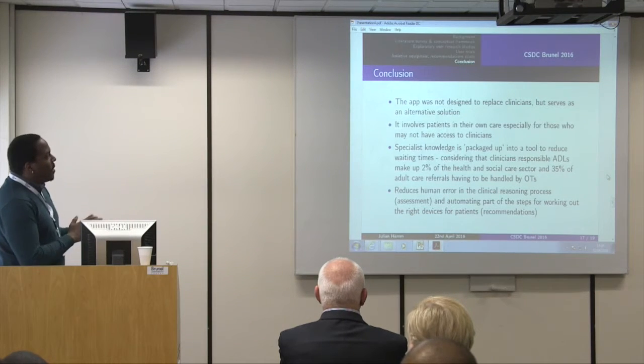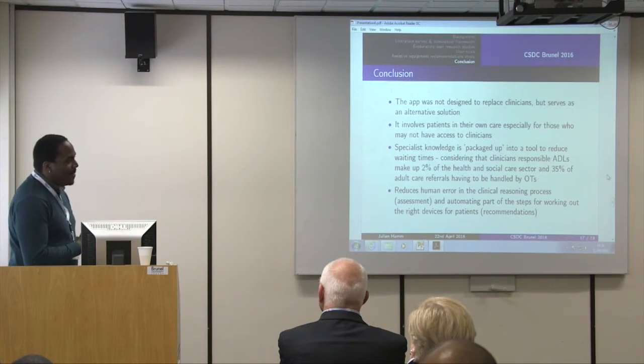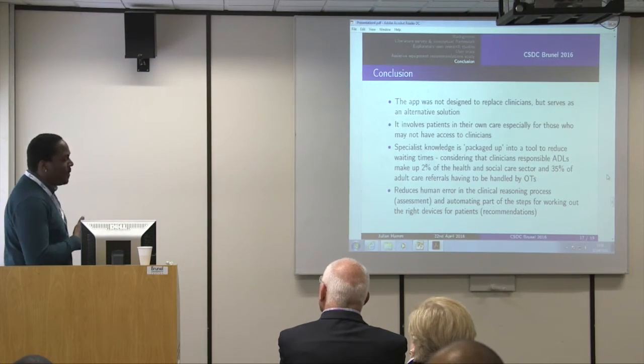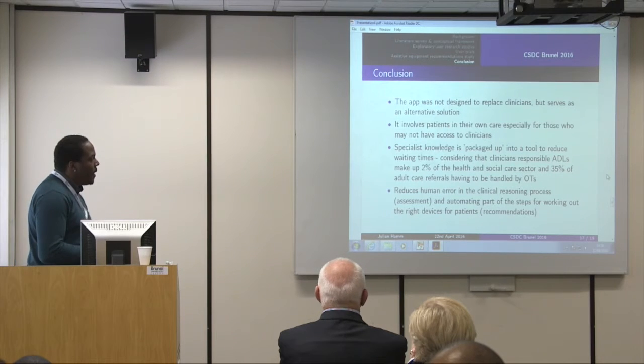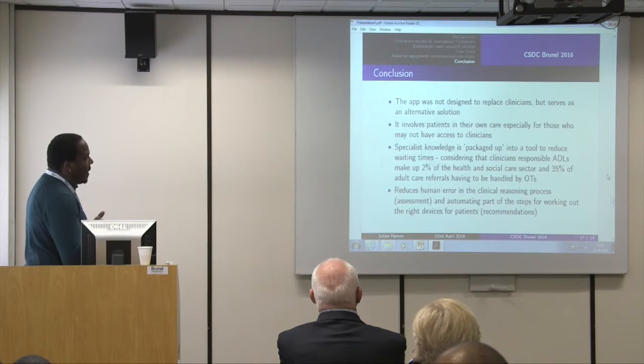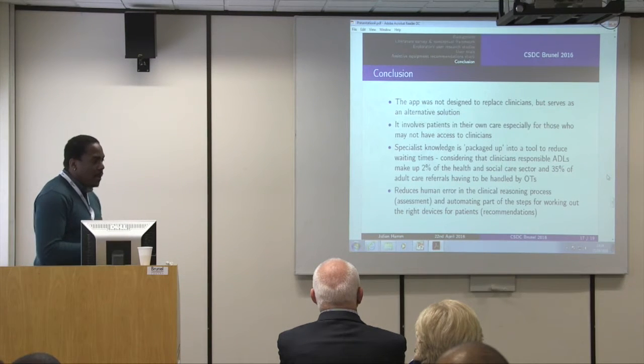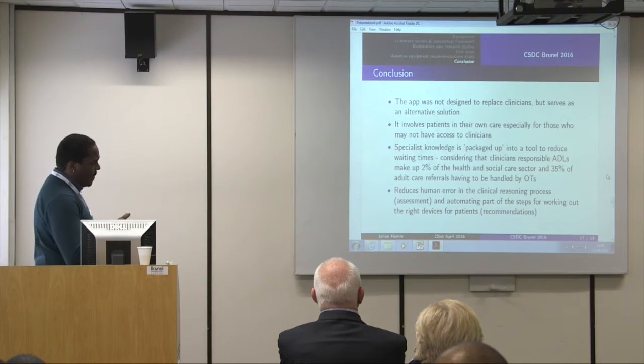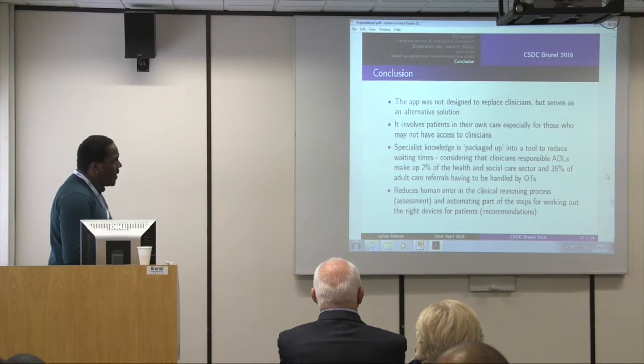So, conclusion. One of the things I want to point out is the app wasn't designed to replace clinicians, but it serves as an alternative solution. It helped to involve patients in their own care, especially if they don't have access to clinicians.